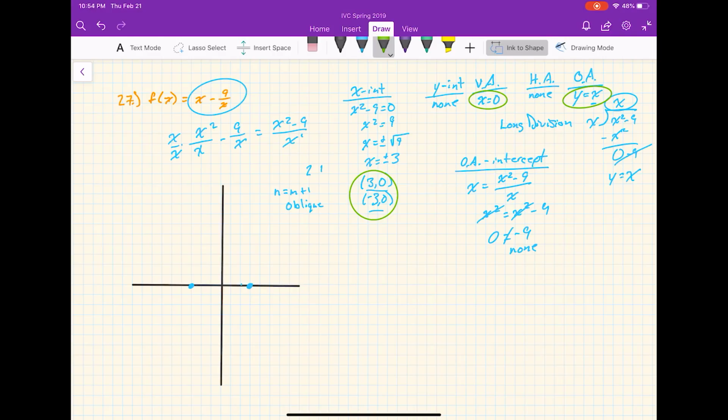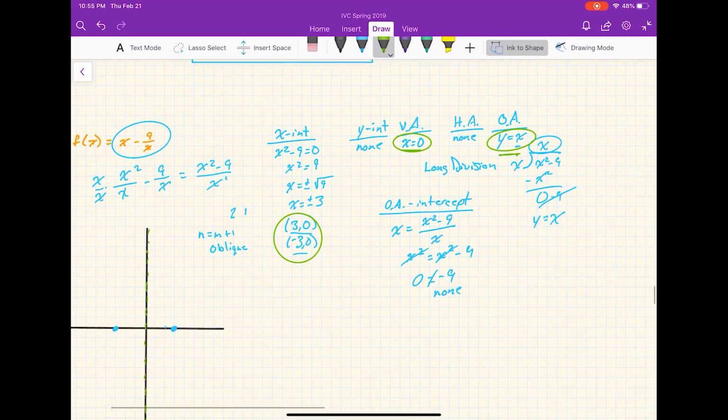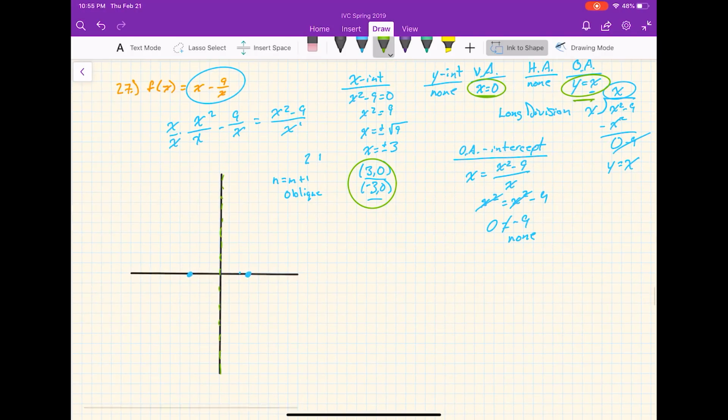So let's draw those asymptotes. We have one at x equals 0, so it's a vertical line right here on the y, the y-axis. And then, of course, we have the oblique asymptote, y equals x. That's a line.